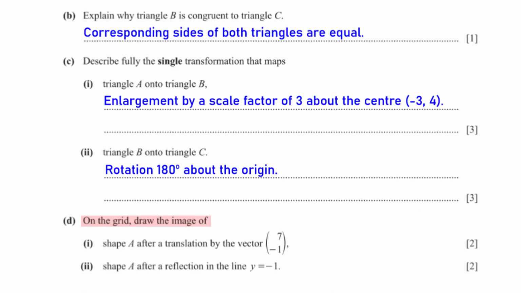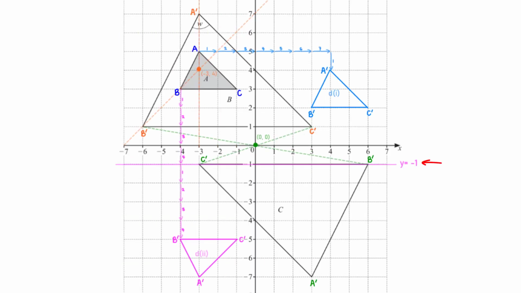On the grid, draw the image of shape A after a reflection in the line y equals -1. So first, we draw the line of reflection, which is y equals -1. Then from here, we need to reflect the vertices of triangle A in the line y equals -1.